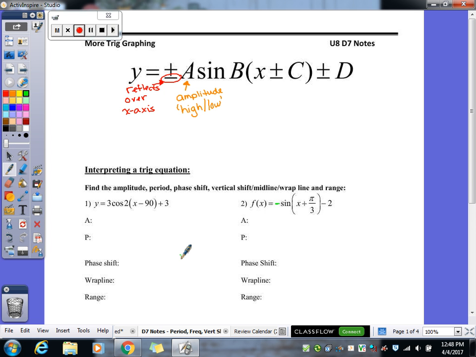So then our b, which we haven't really dealt with yet, that is your frequency. That just means how many times this graph is going to occur. Frequency is how often.